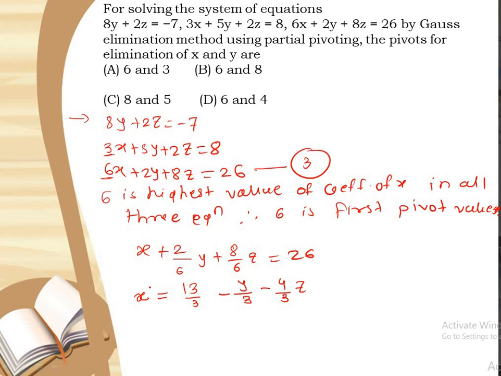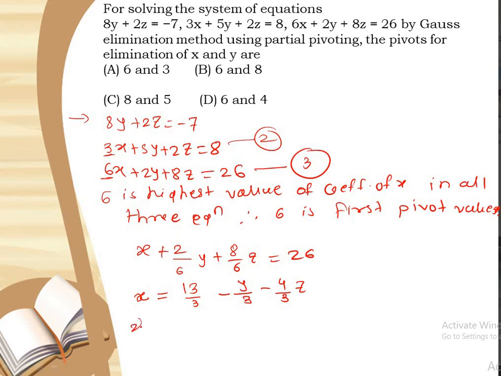Okay, so that value we have to put in equation number 2, because equation 1 doesn't contain the value of x. If equation 1 contained the value of x, then we would have to put it into both equations, but since equation 1 doesn't contain x, we just put that value in equation number 2.